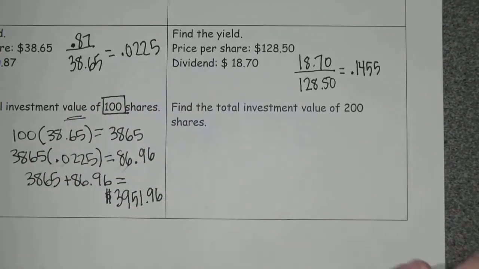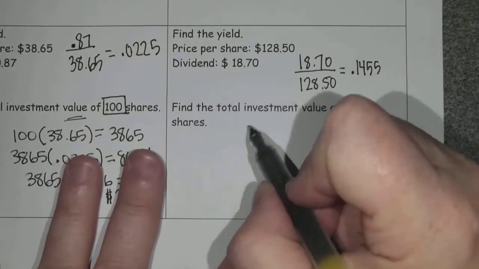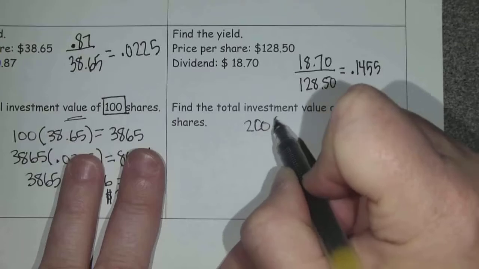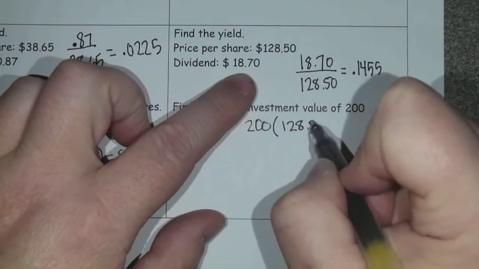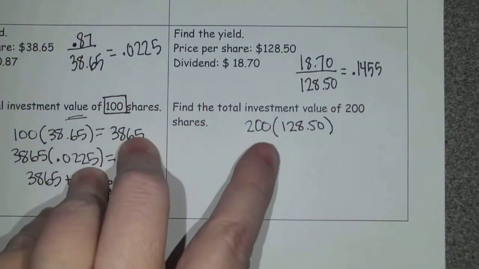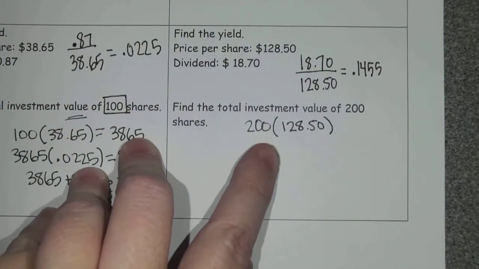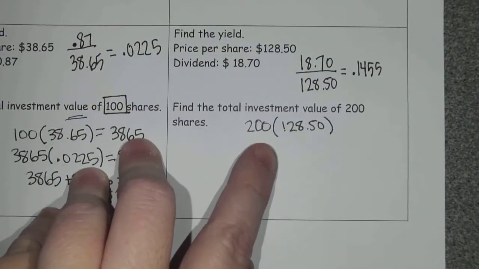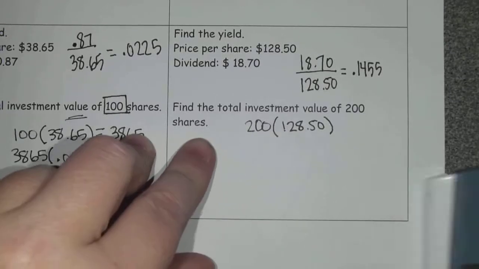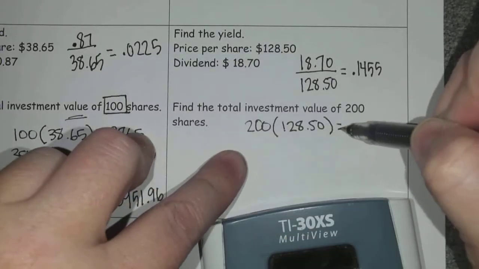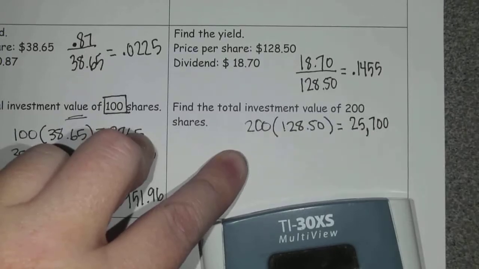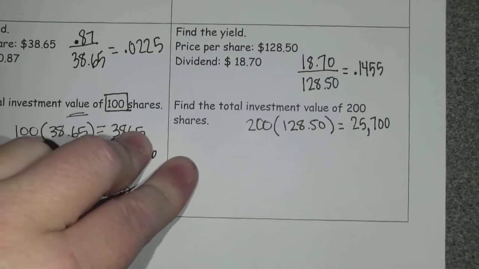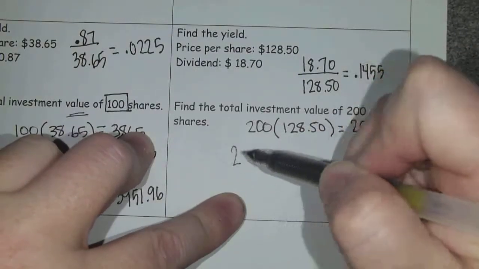Then we're going to find the total value. Again, the total value is what we paid for it plus the yield added to that. So we had 200 shares that originally started out with a value of $128.50 each. That's a pretty big number. I got 25,700. You guys got that? Yeah. Then I'm going to find the yield on that.